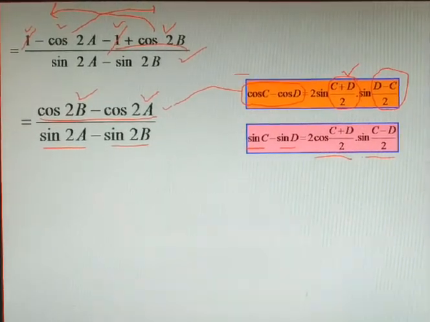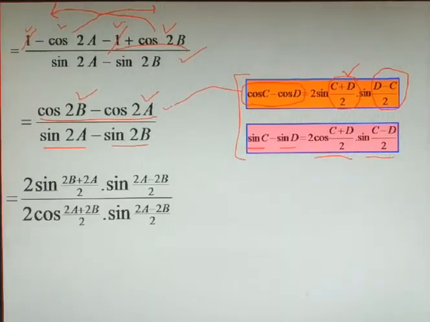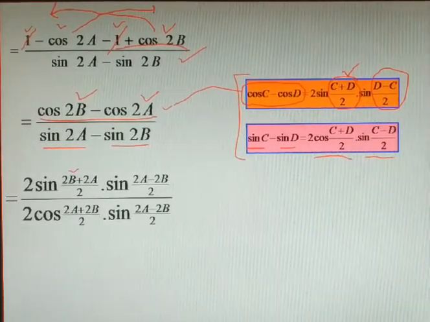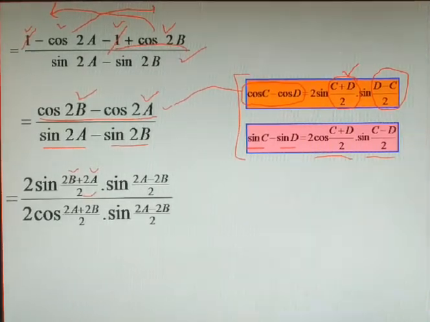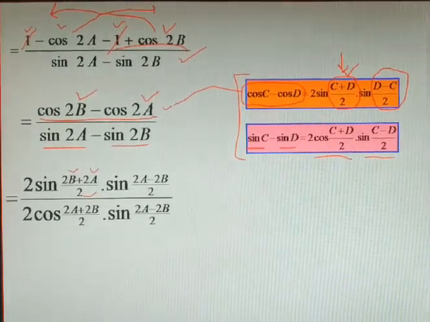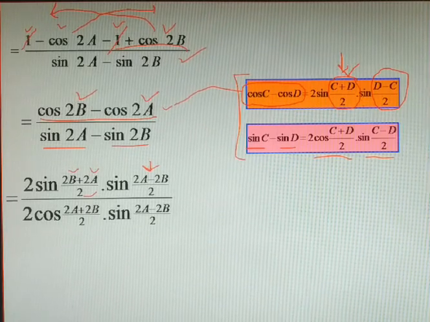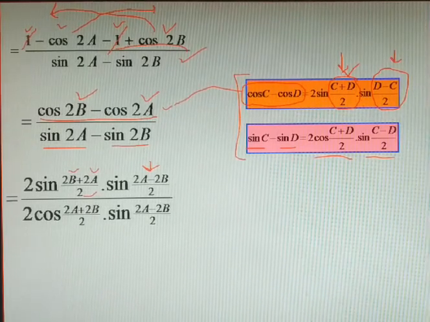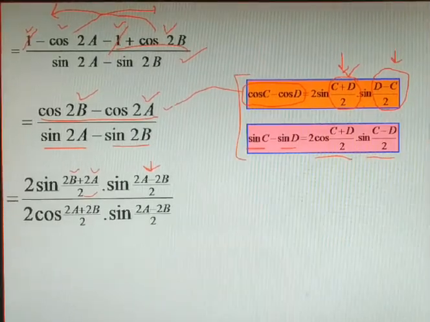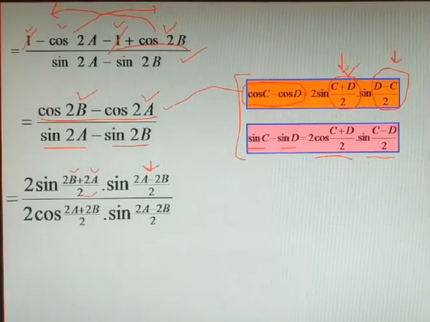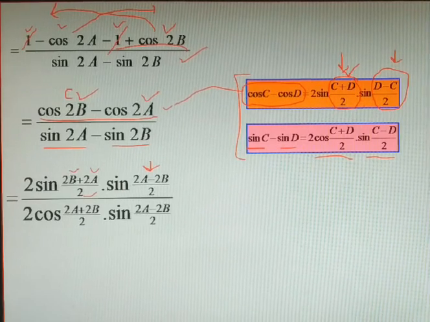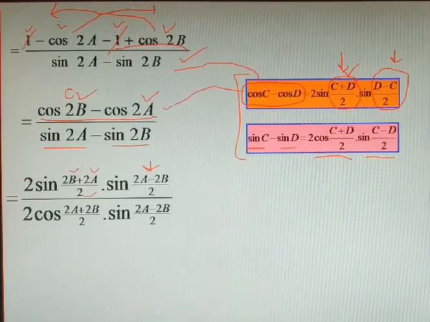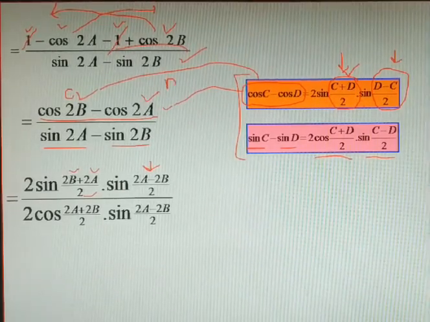So comparing with this formula, the next step will be written, that is 2 sine (2b plus 2a) by 2 into sine (2a minus 2b) by 2. So I think you clearly see here, in place of c we have 2b if we compare with this formula, and in place of d we have 2a.